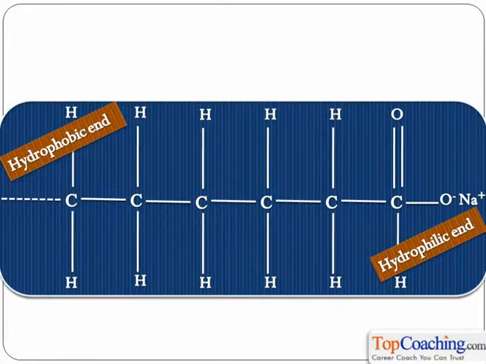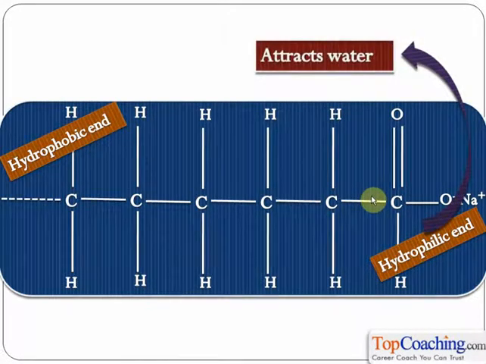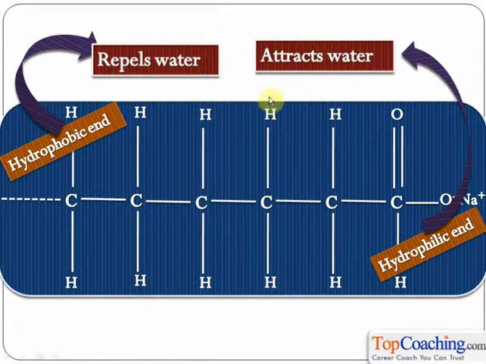Now the important property of the hydrophilic end is that it attracts water. Understood? So whenever there's water, this end will want to come in contact with water. The hydrophobic end, on the other hand, repels water, so it will want to go away from the water.